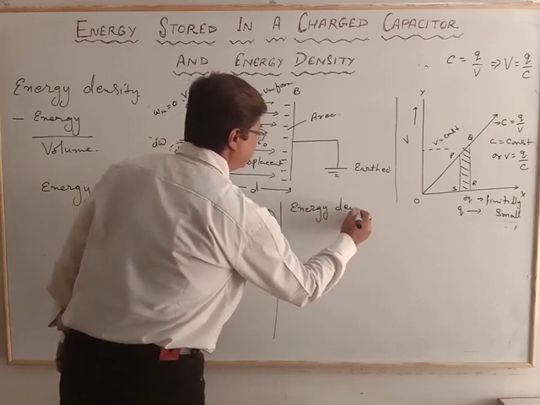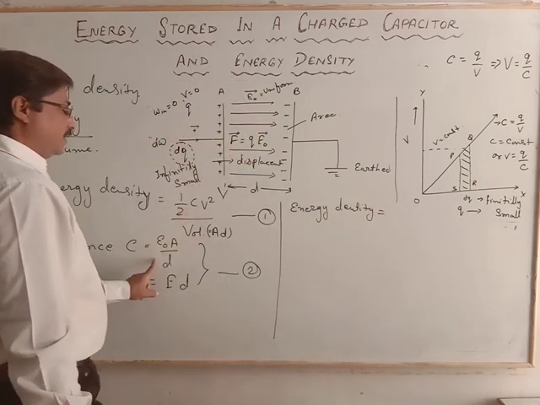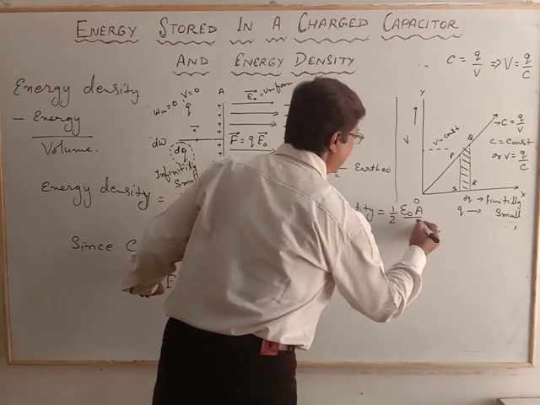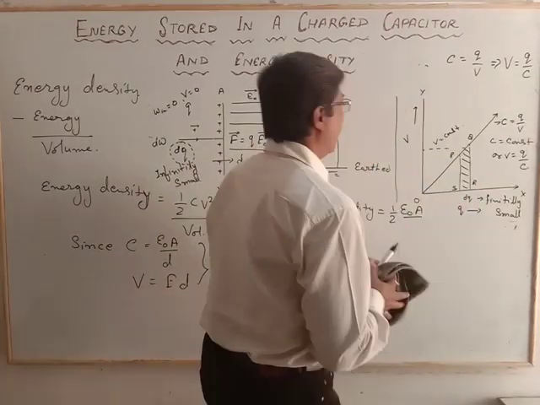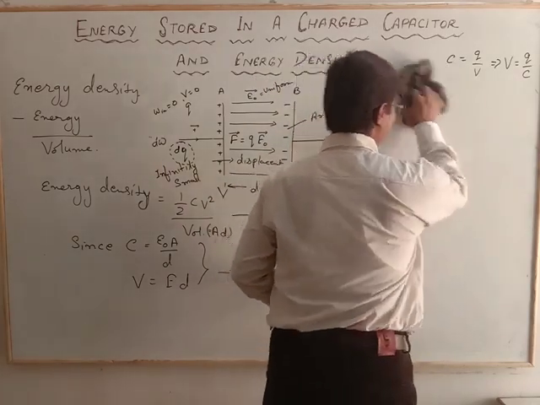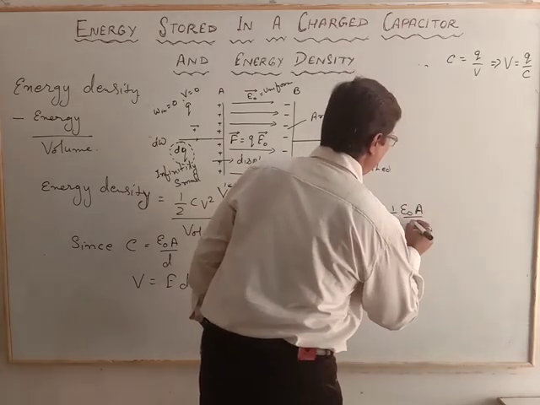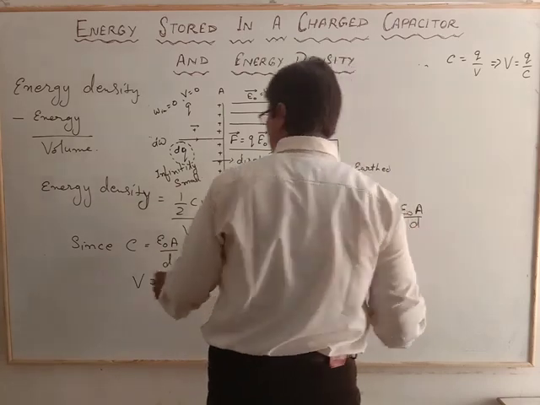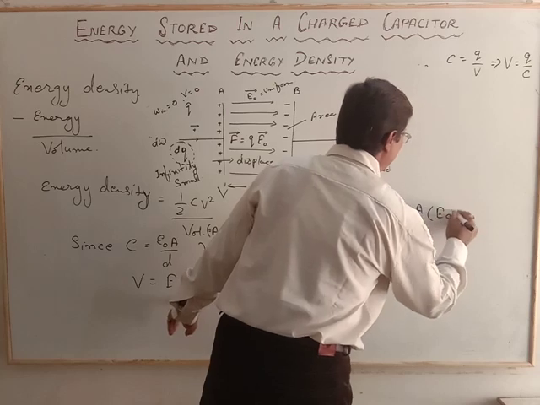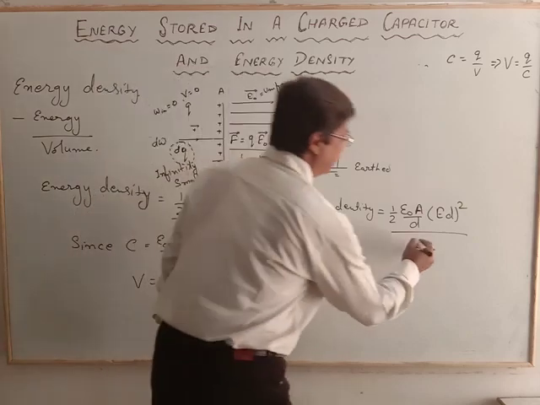Energy density is equal to half, in place of C we write epsilon naught A by d, into, in place of the potential, E d whole square, by, in place of the volume, A d.